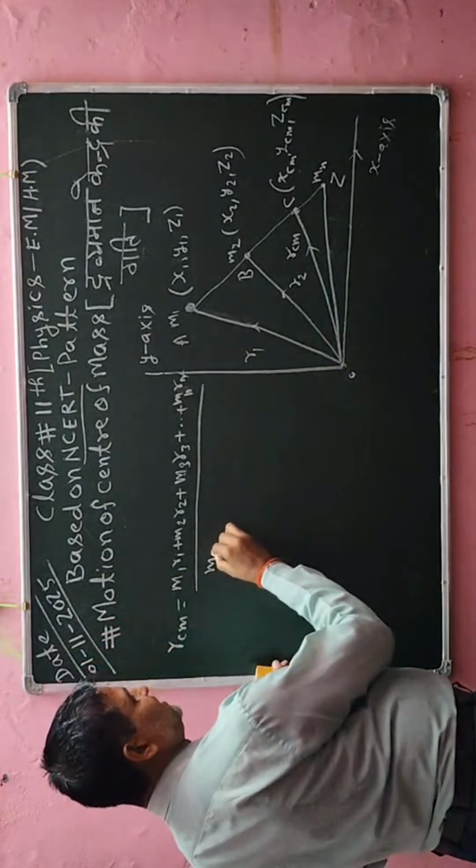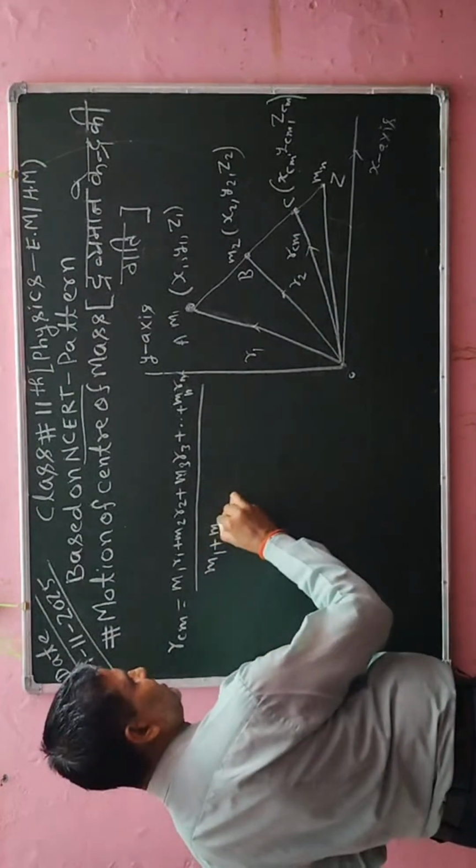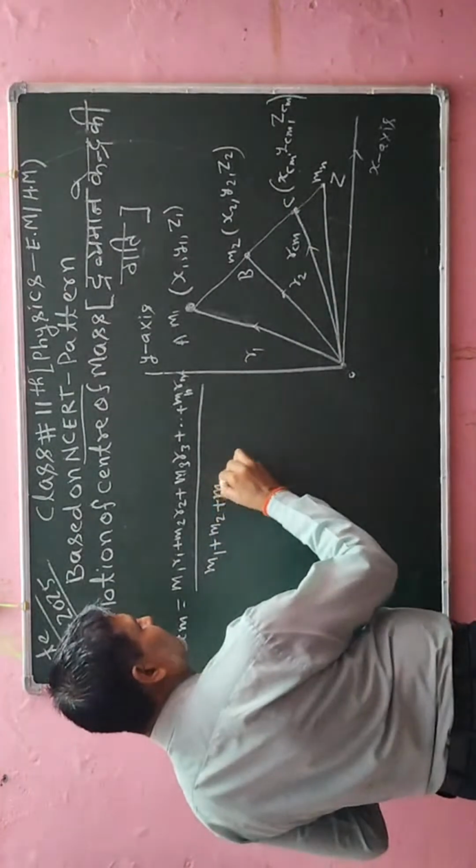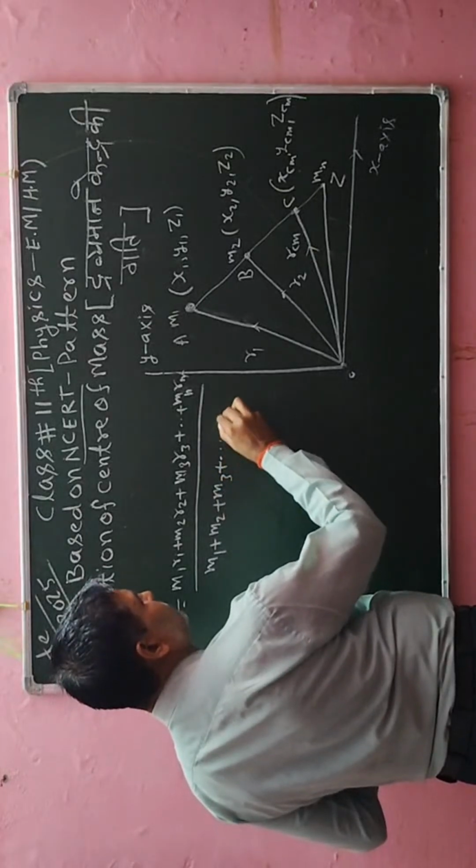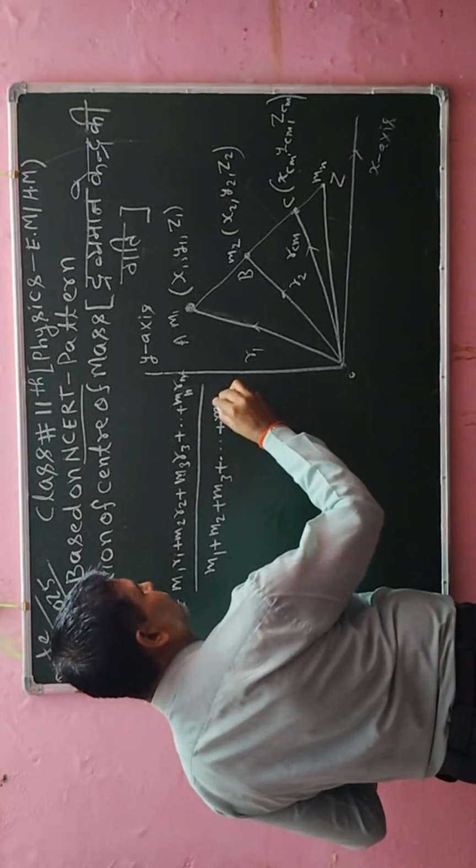In other words, we can write here m1 plus m2 plus m3 plus up to mn. This is the y-axis.